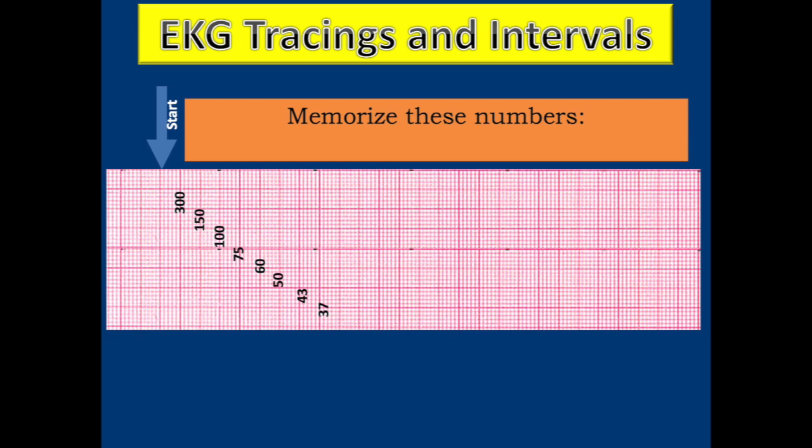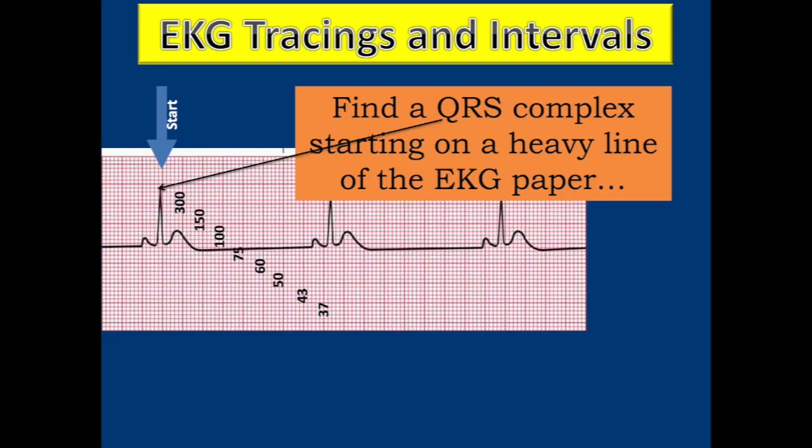Just memorize those. So what you're going to want to look for when you're evaluating an EKG is a QRS complex that's right on the big heavy line of the big squares, the 0.2 second squares. You'll have to look throughout the strip to find it, and that is your start.